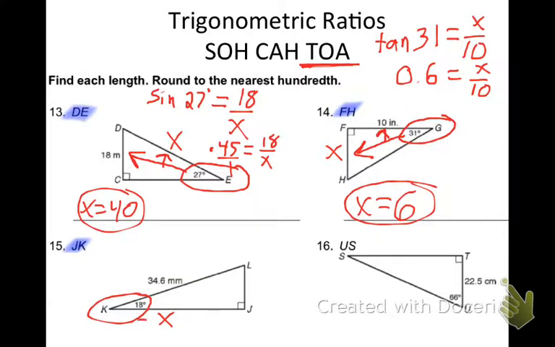I need to use cosine. Nice job. So cosine of 18 equals adjacent x over hypotenuse 34.6.